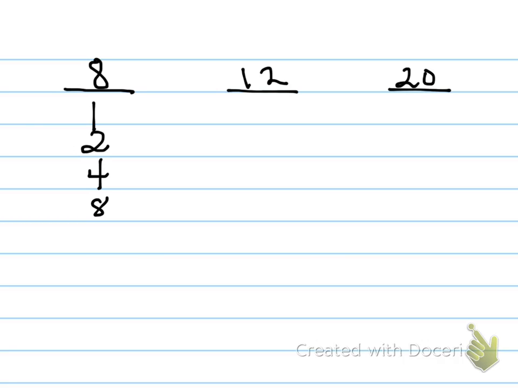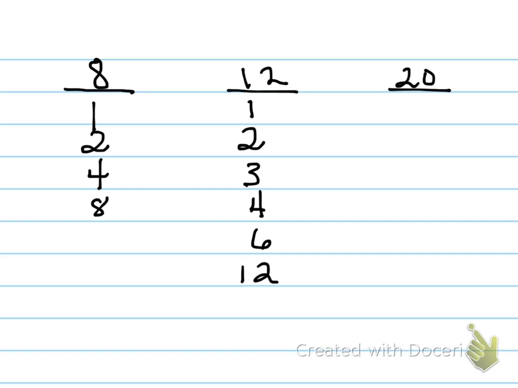How about 12? All right, let's think about 12. I'm using mental math, and I'm thinking 1 times 12, 2 times 6, 3 times 4, 4 times 3, 6 times 2, and 12 times 1. I'm going to write down 1, 2, 3, 4, 6, and 12. All right, let's think about the factors of 20.